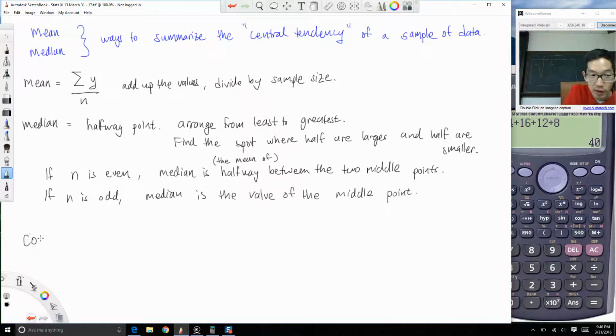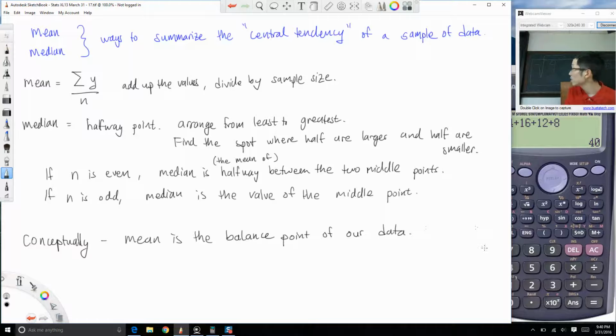Conceptually, you can think of the mean as the balance point of our data. Okay, so you could imagine a dot plot, and maybe our data set is 1, 1, 2, 4.